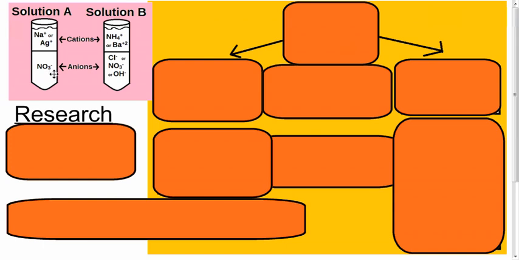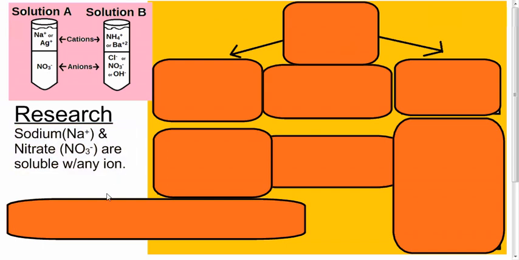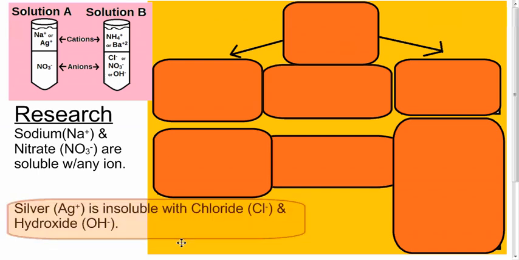It's soluble with everything, so I don't need to worry about it, I know that about this and these, and sodium is the same. It's also very soluble. The only insoluble thing is silver with chloride or hydroxide. So I've done my research. I know what's soluble and what's insoluble.